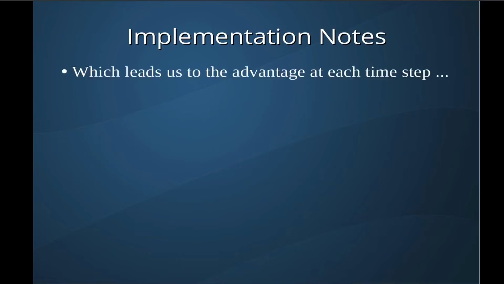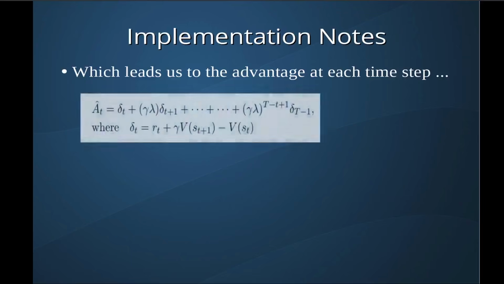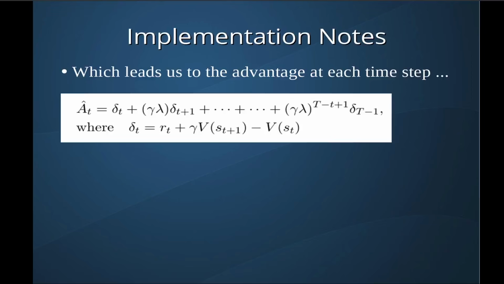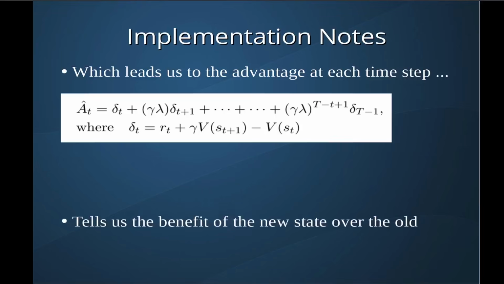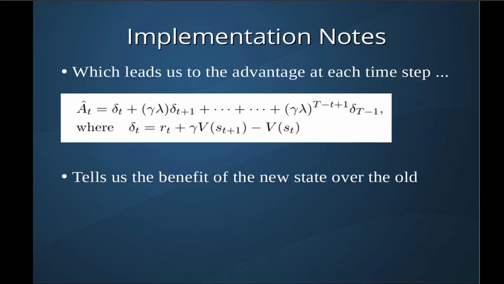So this advantage has to be calculated at each time step, and it's given by this equation. Now don't freak out, this is relatively straightforward. Once again, it tells us the benefit of the new state over the old. Well, how do we know that? We know that because it's proportional to or equal to the sum of the delta sub t, where the delta sub t is just the reward at a time step plus the difference in the estimated value of the new state and the current state.